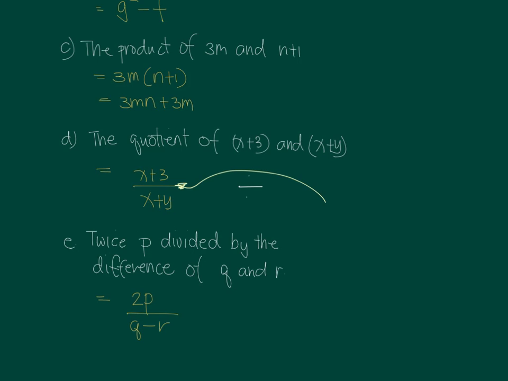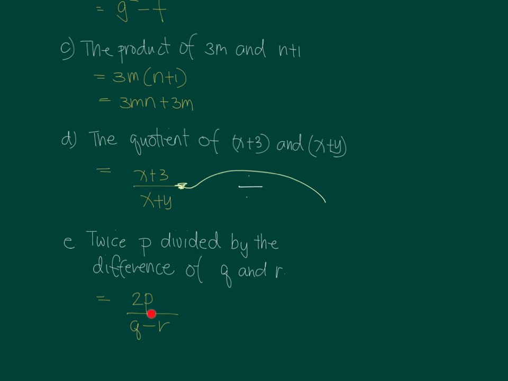Finally, we want to express twice p divided by the difference of q and r. If you try to understand the statement, the twice of p will be divided by something. Divided by what? Divided by the difference of q and r.